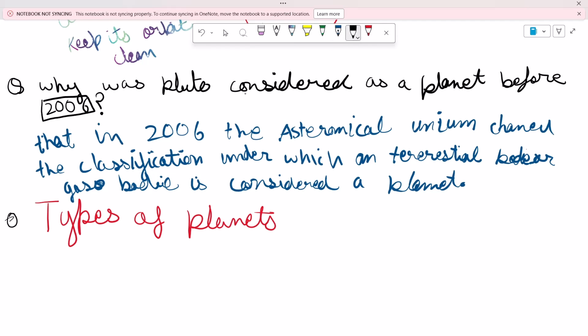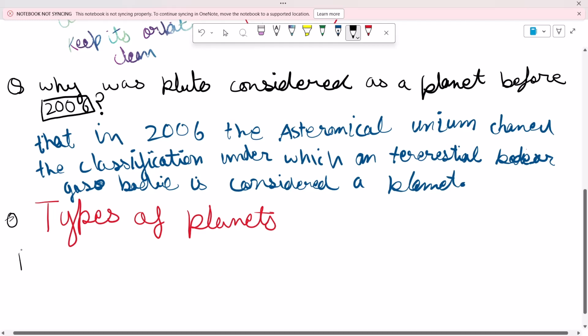So what are the five types of planet? Name them. First, rocky planets. Second, gaseous planets. Third, super Earth.